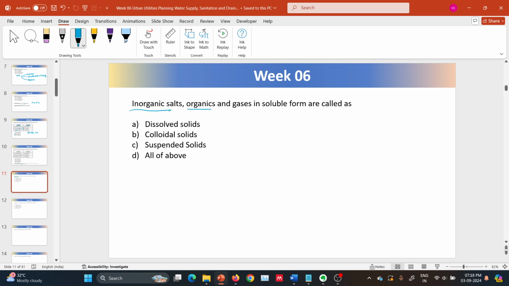Inorganic salts, organics and gases in soluble form are called dissolved solids. Inorganic salts like NaCl, organics like glucose and sugar, gases like CO2 and ammonia. These are in soluble form.